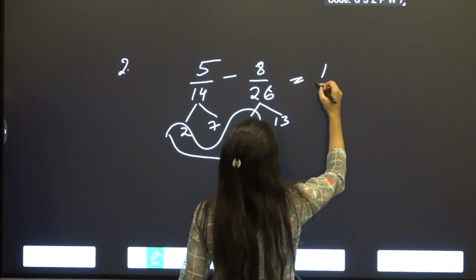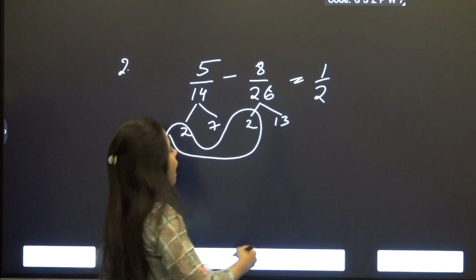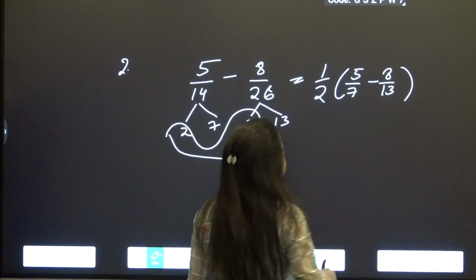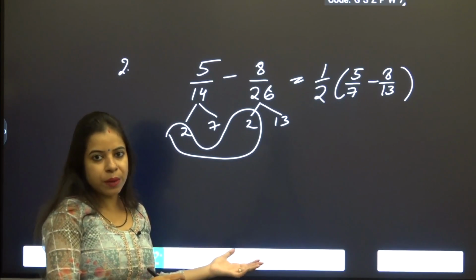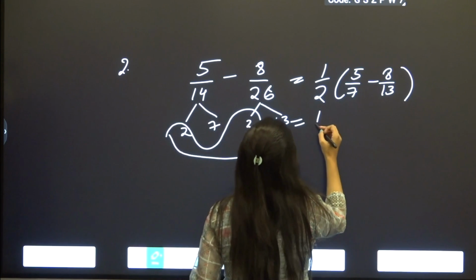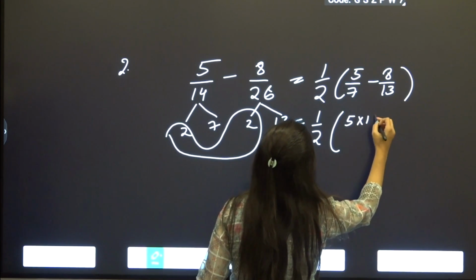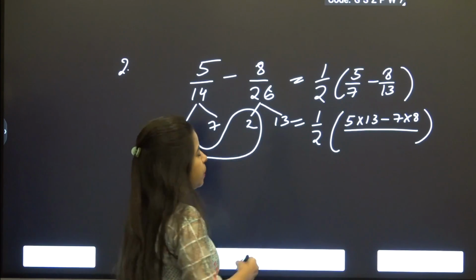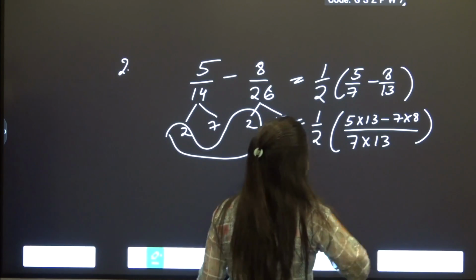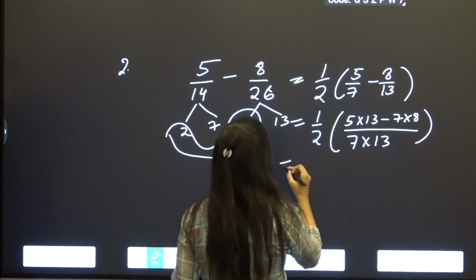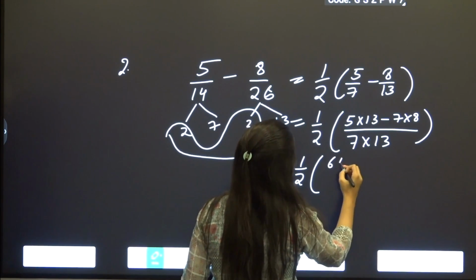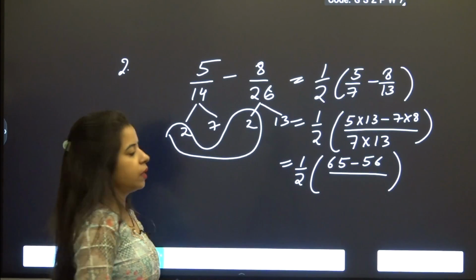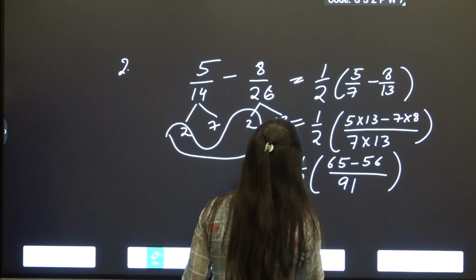So 2 can be kept outside and we are left with 5 by 7 minus 8 by 13. Now this is just the previous case. So we just cross multiply and subtract, and the denominator will be the product of the denominators. So this will become 1 by 2, 65 minus 56, and this will be 13 into 7 is 91.